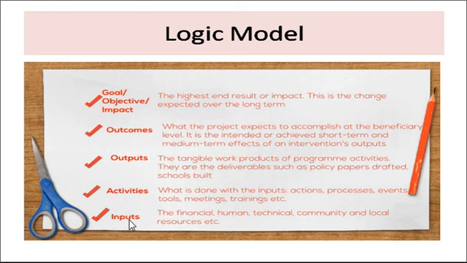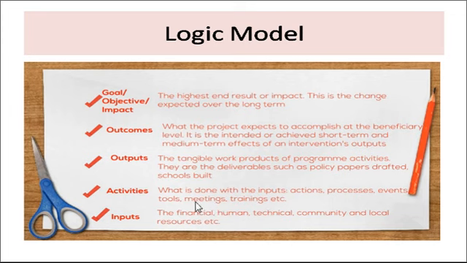So then we come to the activities. Activities, obviously you understand, are what is done with the inputs. So they are the activities which are carried out to achieve the program's objectives. These are the actions and the processes and the events, the tools, the meetings, the trainings which are held.